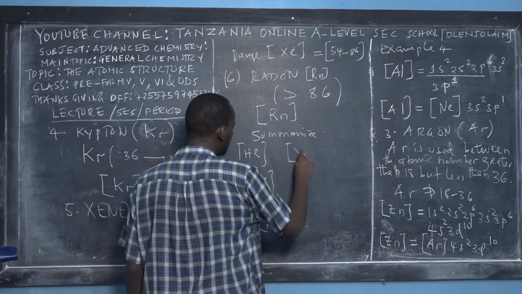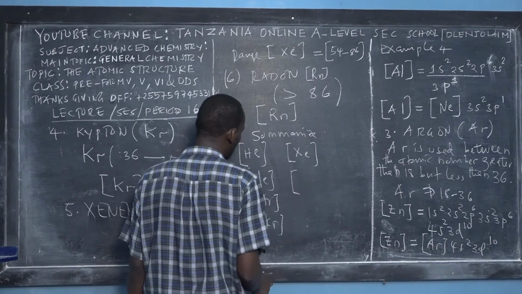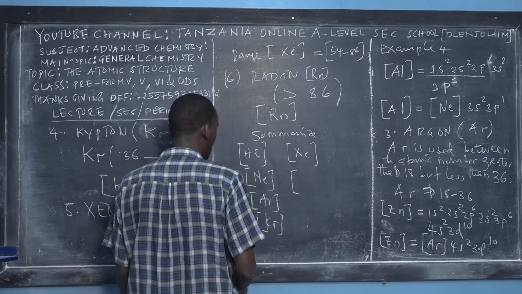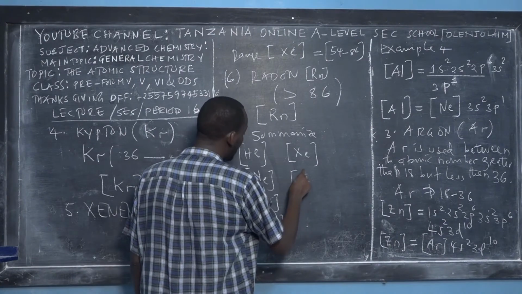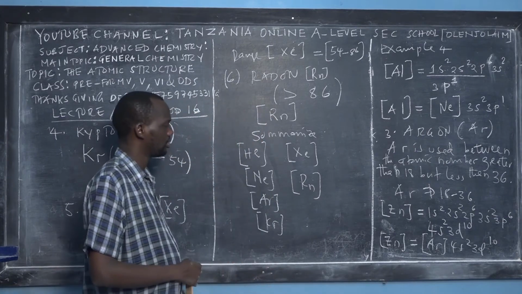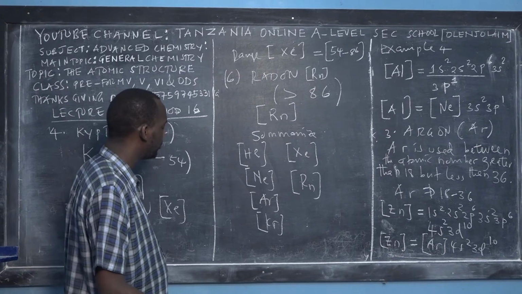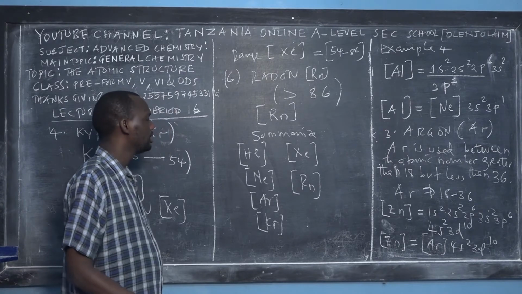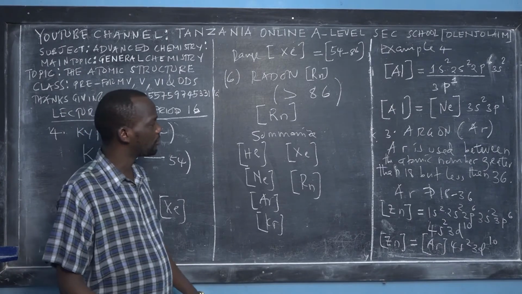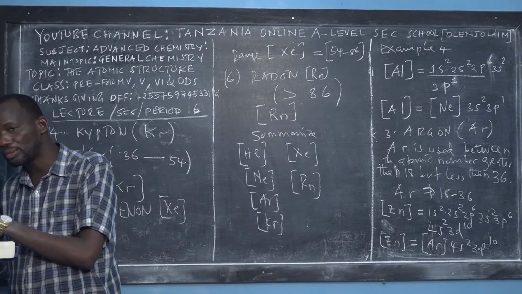Xenon. Then we have radon. Right? So this is the summary of the noble gases that are used to write electron configuration. From now onwards, you have to use these noble gases.